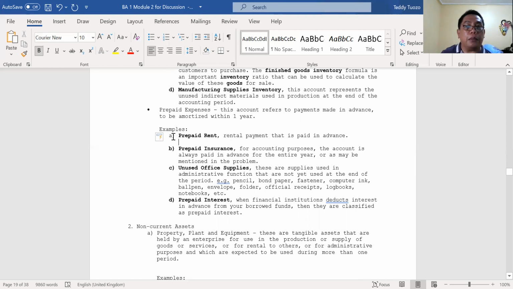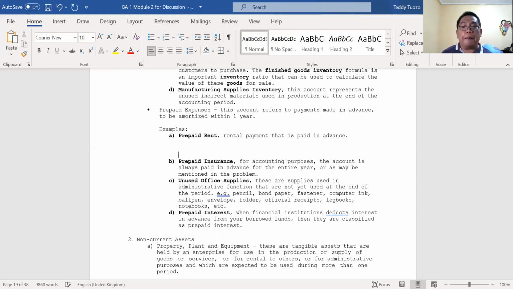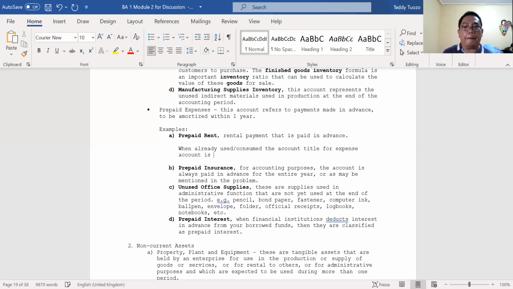It is an asset first, but once consumed, then it becomes, when they are already consumed, then they are now classified or recorded as rent expense.